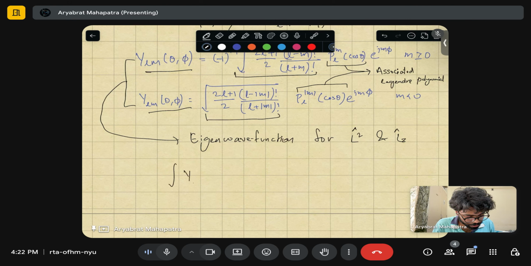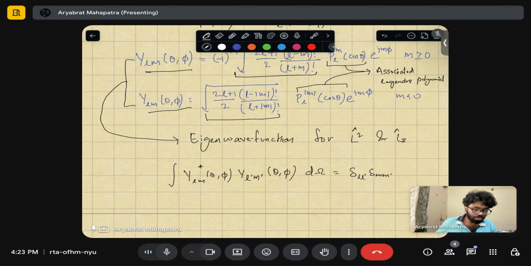So you have Y_lm(theta, phi) and Y_l'm'(theta, phi). You take the complex conjugate on one, and you integrate them. You will get delta LL prime and delta MM prime.